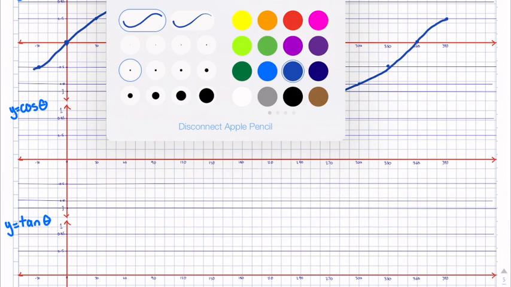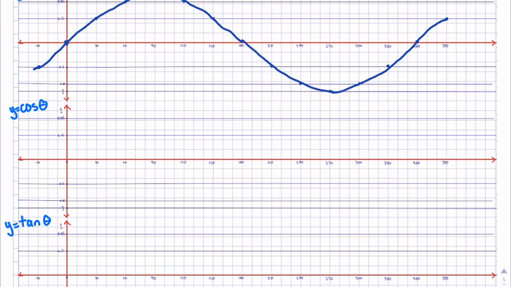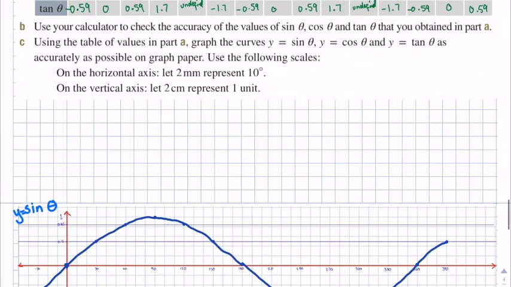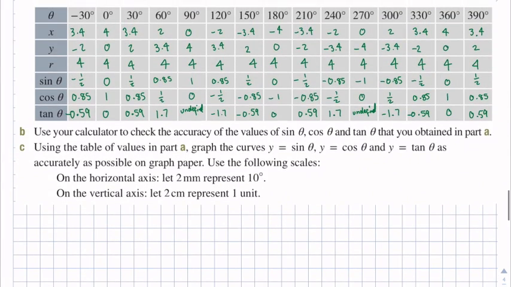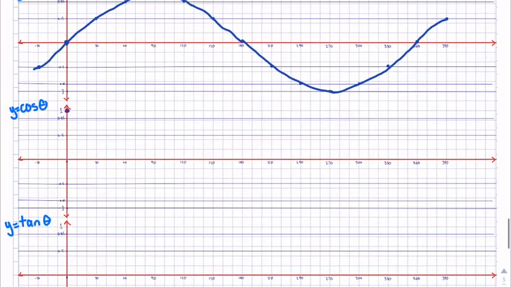Okay, now let's do the same thing for cos. Cos, though, started here. What was it at minus 30? 0.86? So it went along like this.